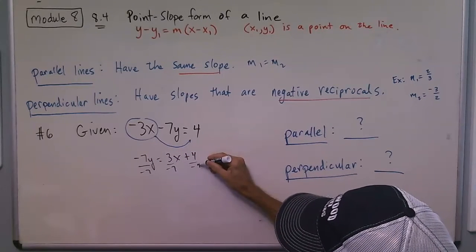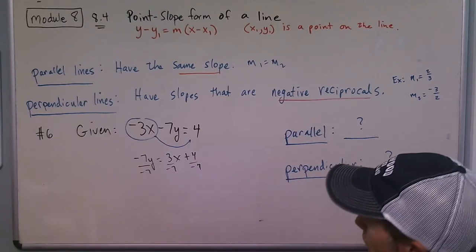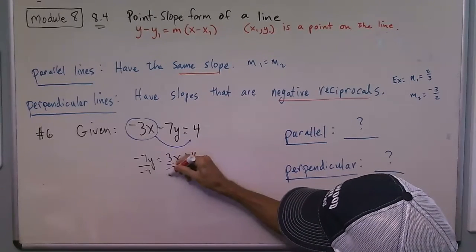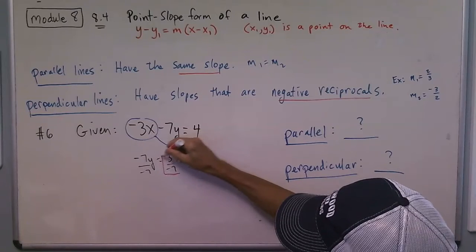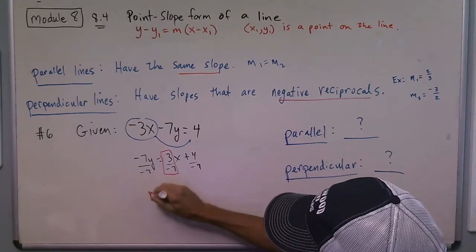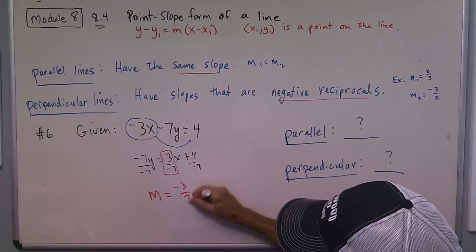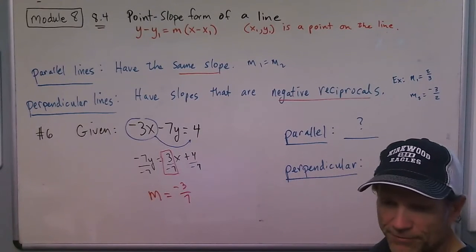At this point, I can see the slope of this line. It's sitting right here, in front of the x value. There's the slope. All right, and remember we like the negative sign on top, so the slope of this line is negative 3/7.